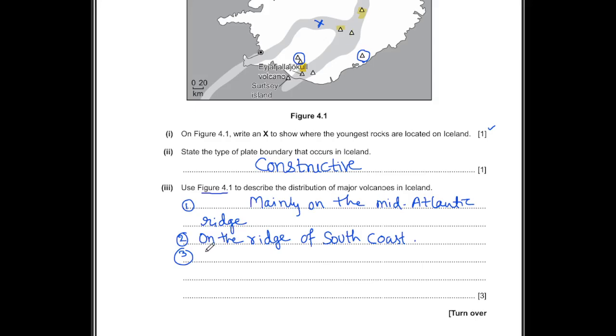So the third point is: 3 volcanoes are not on the ridge. So let's save the time. 3 marks, 3 points, with the help of the diagram we have explained.